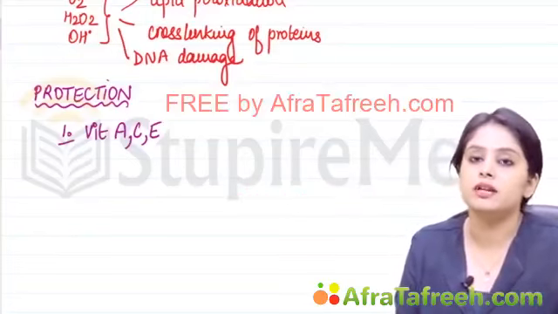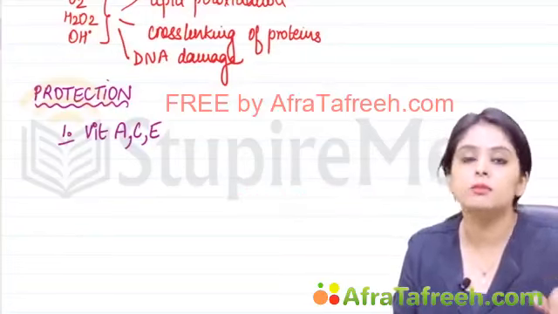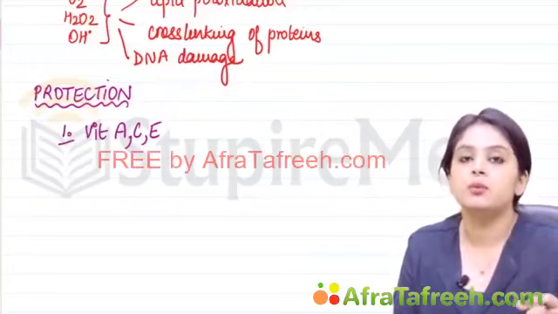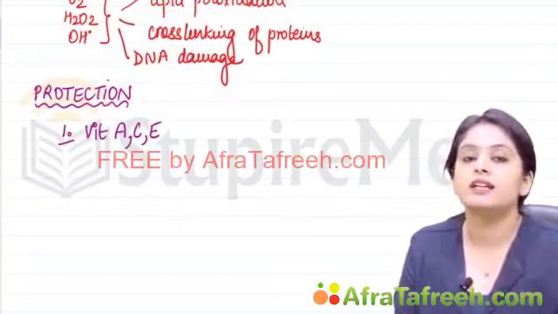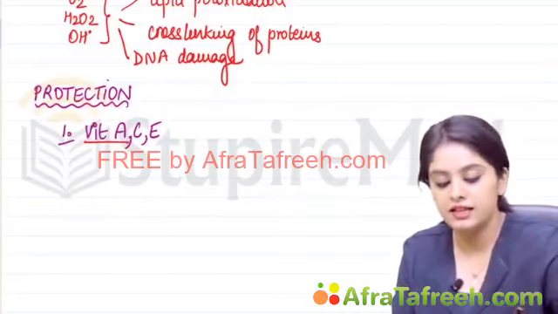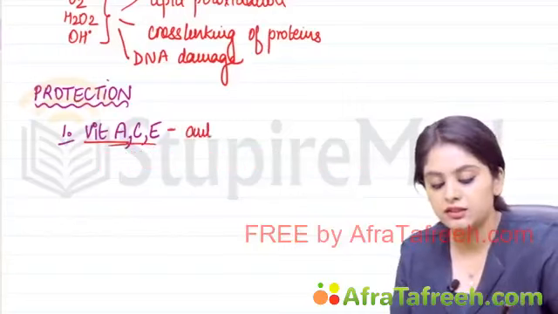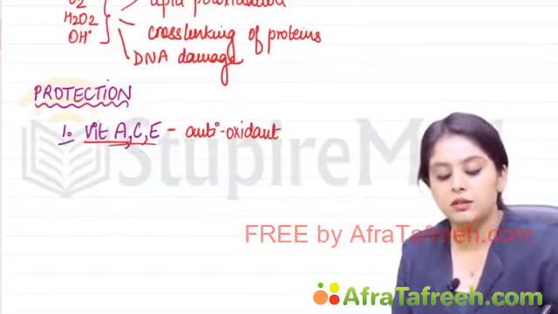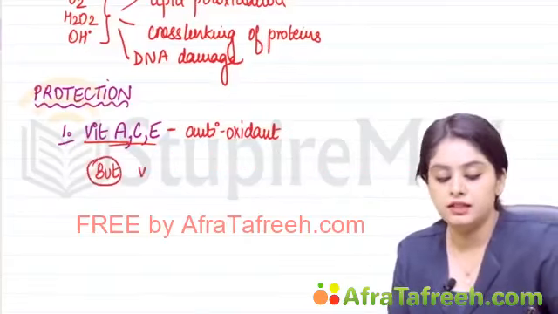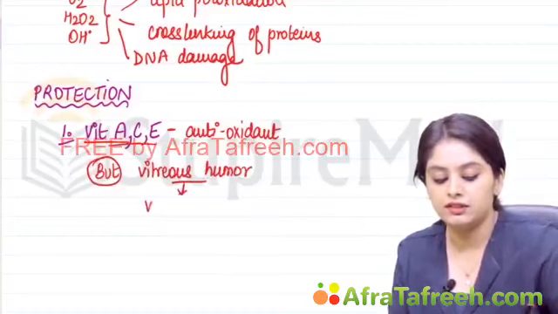But the question that you get, which is slightly linked with ophthalmology, is: where in the body, or where in the eye, will vitamin A not act as an antioxidant? So remember, vitamin A, C and E are antioxidants everywhere. They are antioxidants, but in the vitreous humor of the eye, vitamin A will not act as an antioxidant.